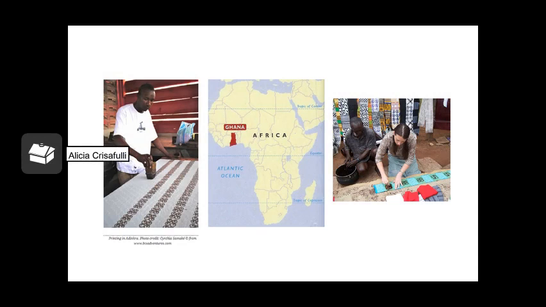Now you can see there are people who are making the cloth. They are stamping the cloth with the symbols and a repeated pattern of certain symbols, different symbols, different colors. And then we have a map of Africa and Ghana. That is where this type of fabric with these symbols is made.